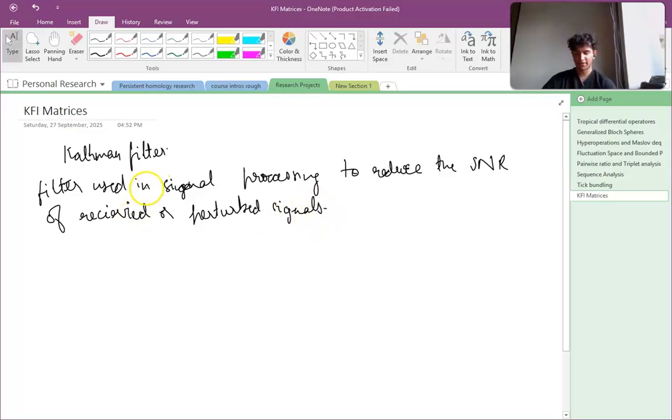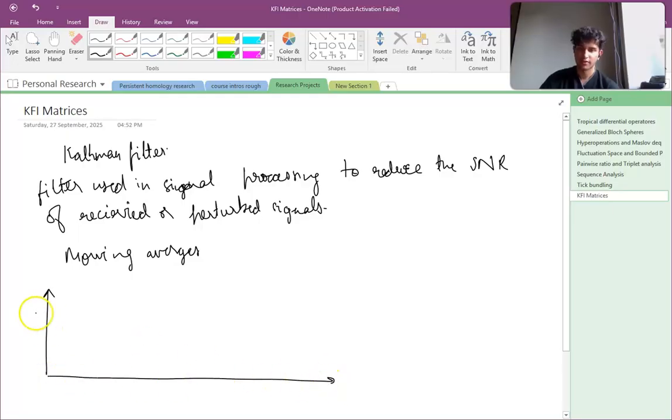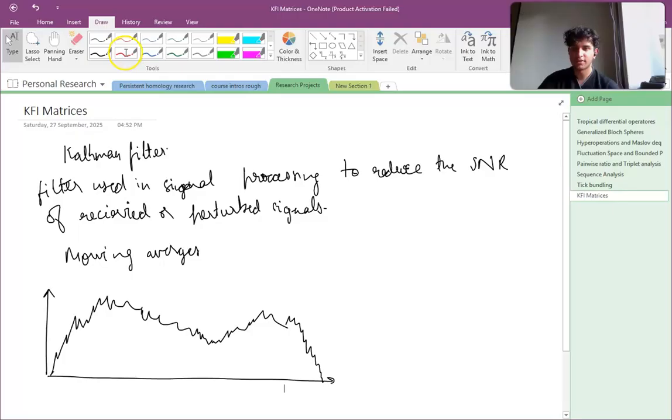Okay, so this is a Kalman filter, and what we're going to do is introduce some more topics. So we're going to talk about moving averages. What I want you to understand is that given a graph that looks like this, say our stochastic process or any given share price, the moving average comes in a couple of different flavors.